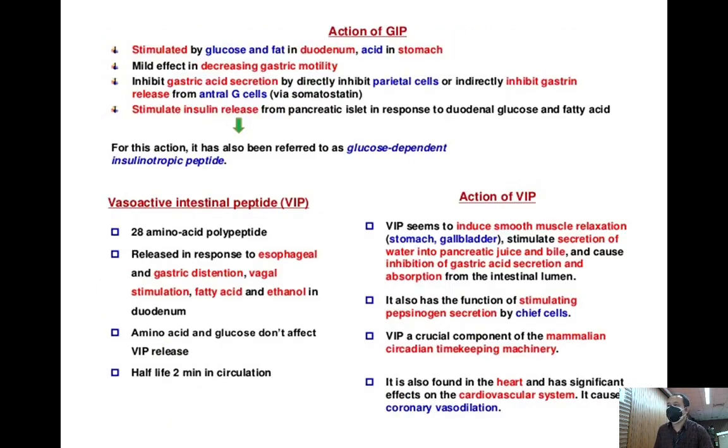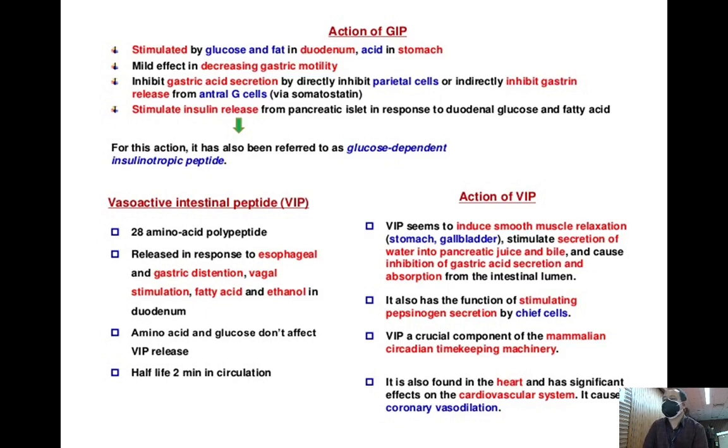So anyway, what are the actions of GIP? One, as I've said, it is stimulated by glucose and fat, as well as by acid in the stomach. And one thing that it does is that it can cause decreased gastric motility, but this is a very mild effect. It plays a very important role in inhibiting gastric acid secretion directly and indirectly.